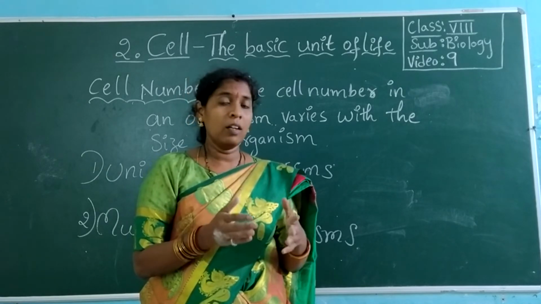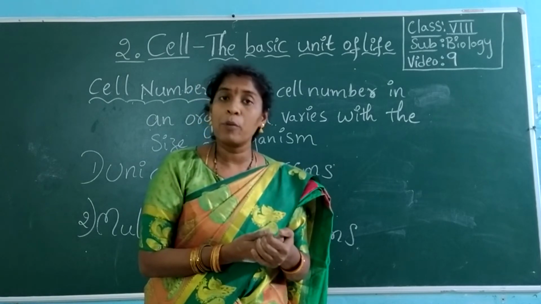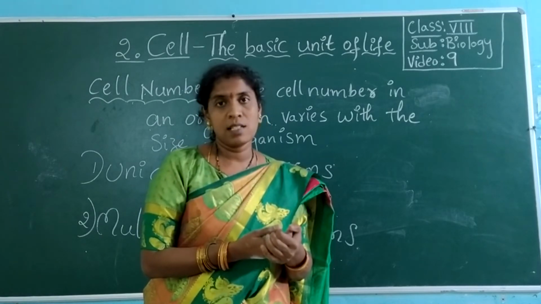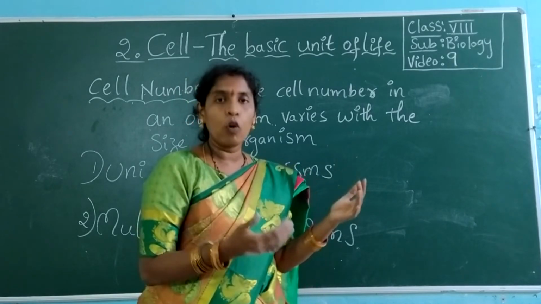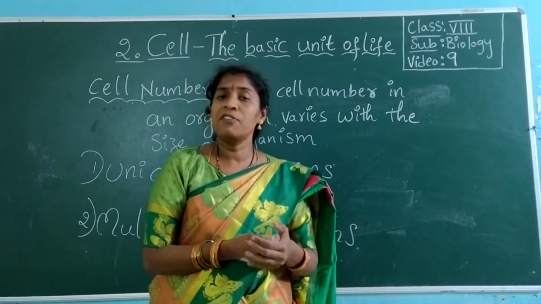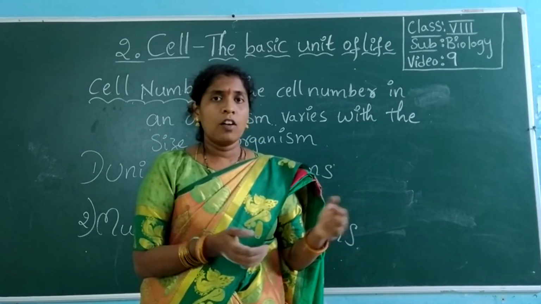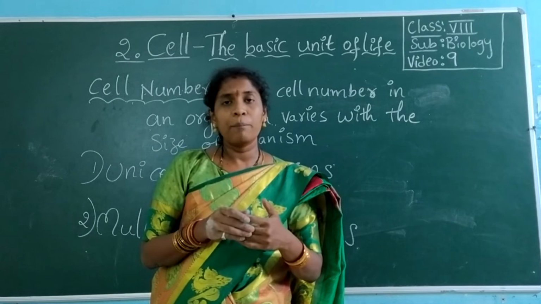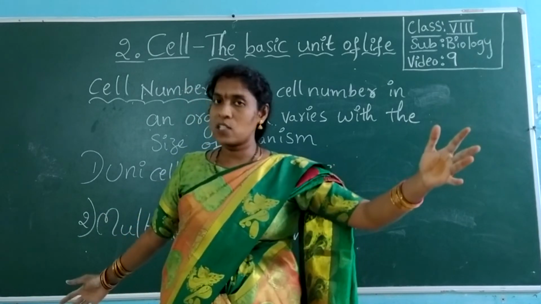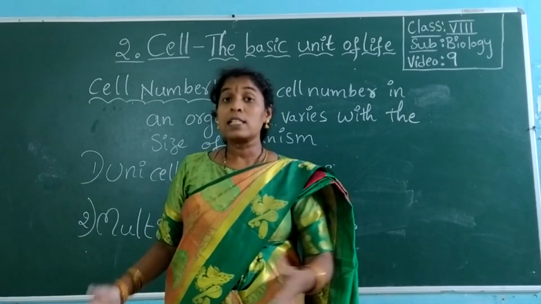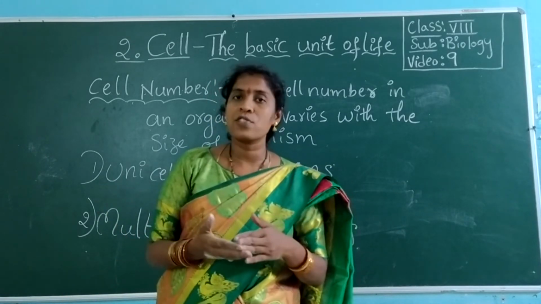So meaning here, the number of cells present varies the size of the organism. For example, one organism is so big, for example the elephant. Elephant is so big and ant is so small. Why is the elephant so big? Because the size of the cell is so big? No. The size of the elephant depends upon the greater number of cells.